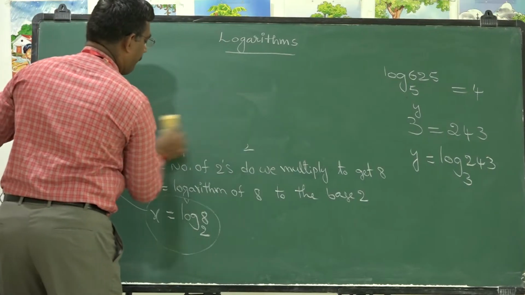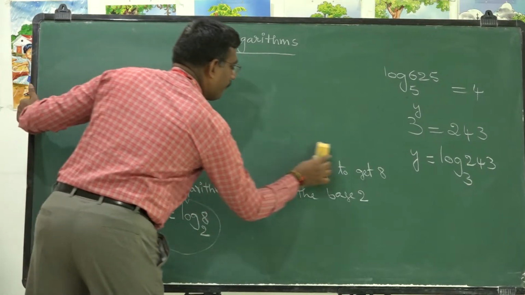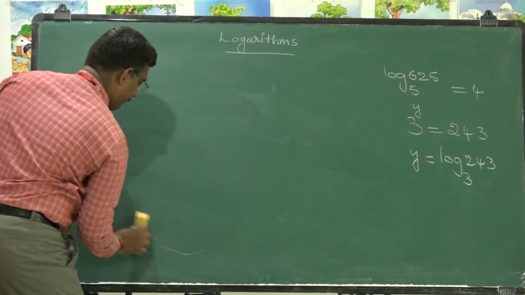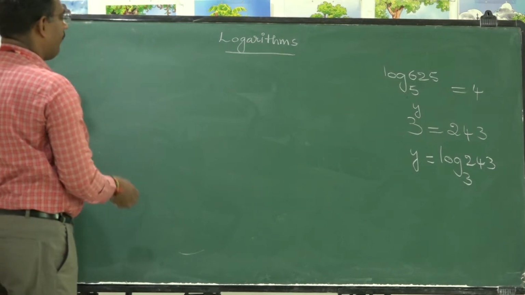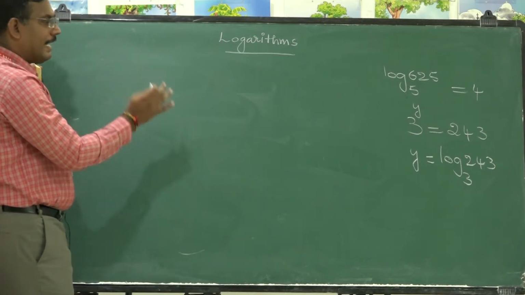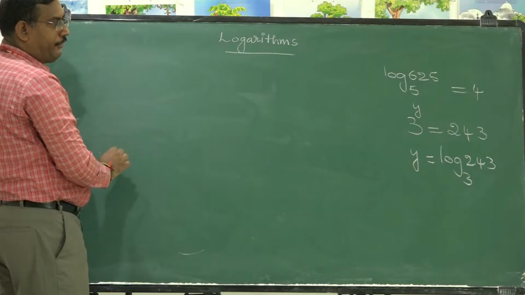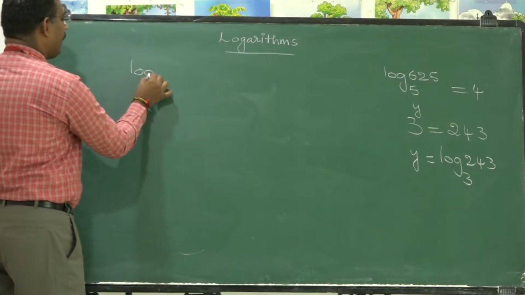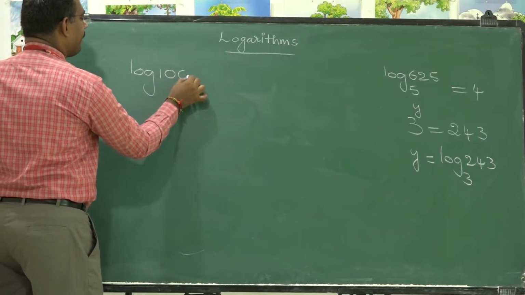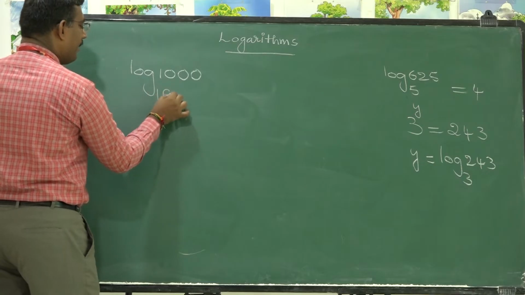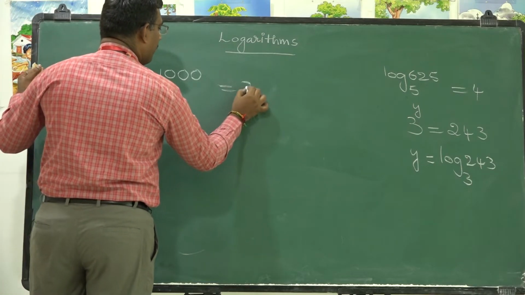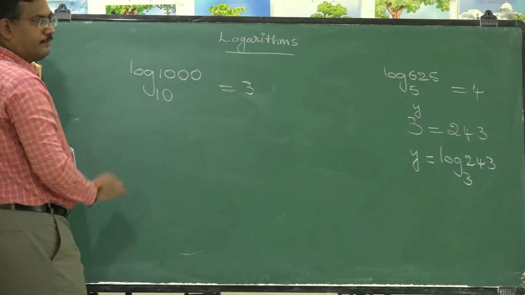Similarly, we convert the logarithmic form into exponent form. For example, logarithm of 1000 base 10 is equal to 3. This is the logarithmic form.